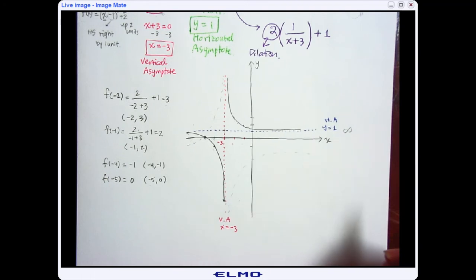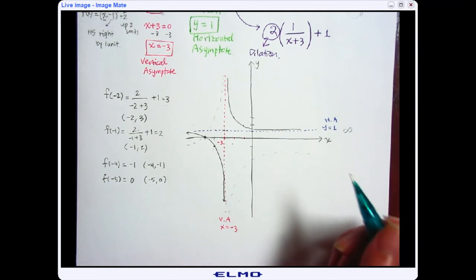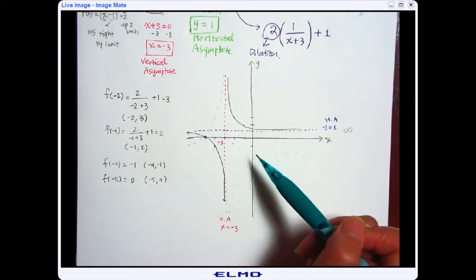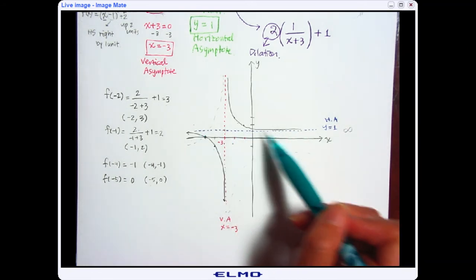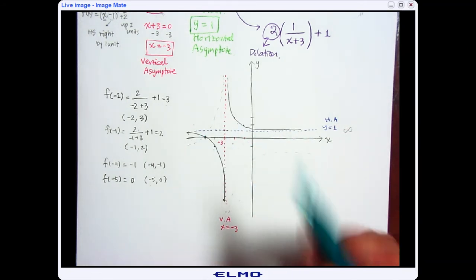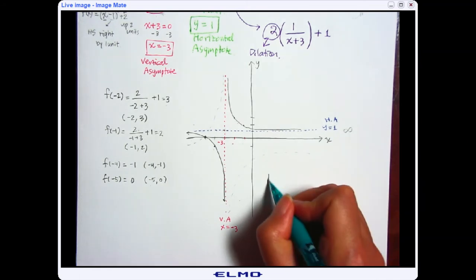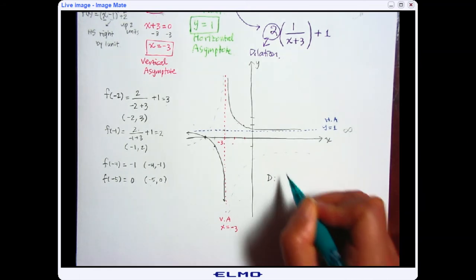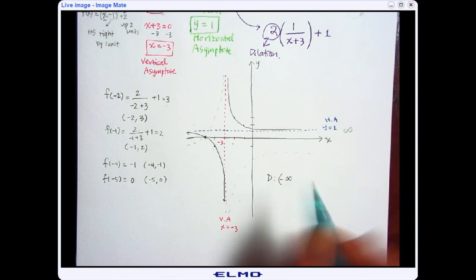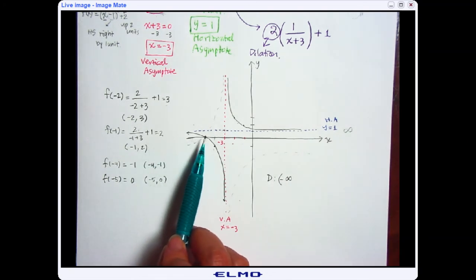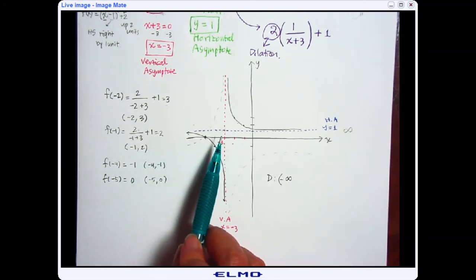So once you are done with the graph, if you are asked to provide any domain or range, all you have to do is get rid of what's happening around the asymptote, right? So first, the domain is always continuous from far left, but it's continuous only up to -3.